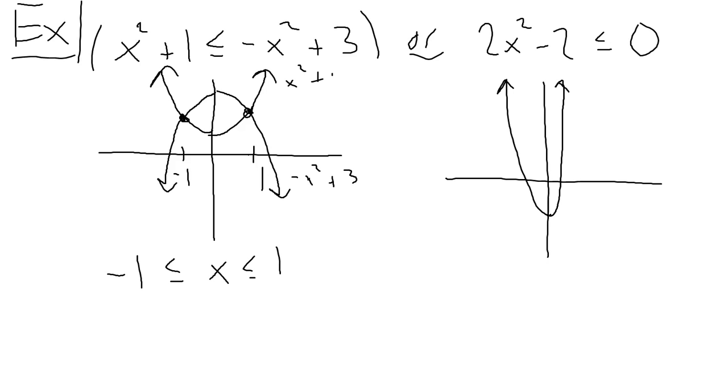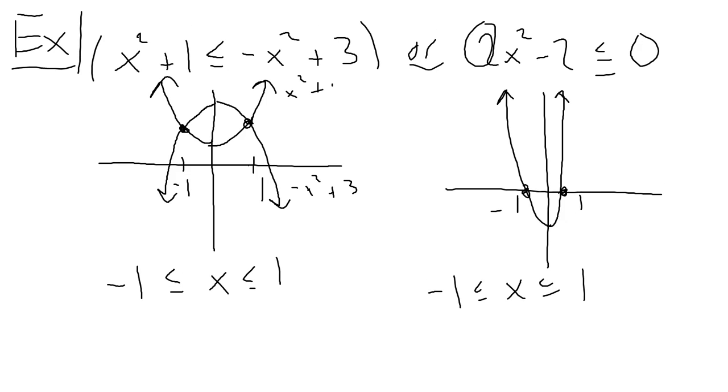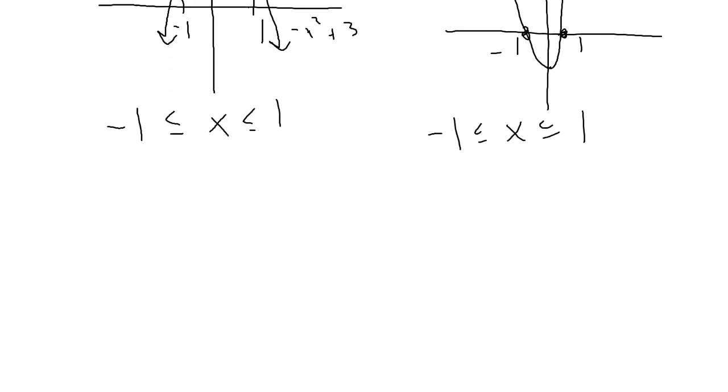It's just steeper than a normal parabola because of this 2 in the front. And what you end up finding is that these x-intercepts are -1 and 1. And the question was asking, when is this graph less than or equal to 0? So just like before, the solution is everything between -1 and 1. So equivalent ways of doing the problem. The second one might be a little bit easier just because then we can really find out where those x-intercepts are using our techniques from last week.